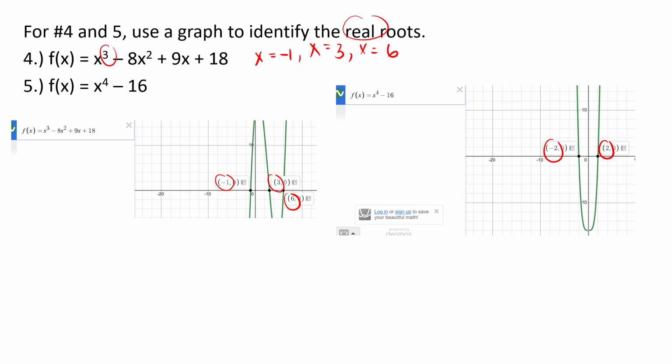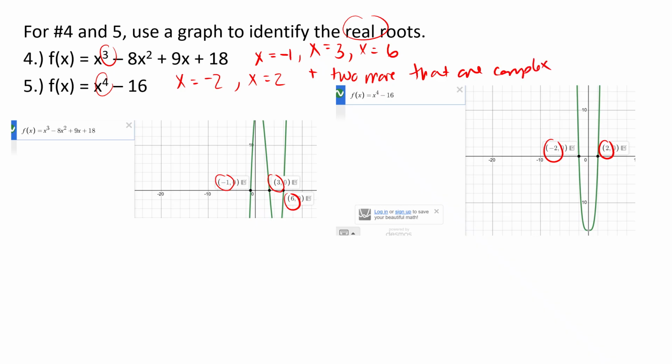So I can see that there are 2 roots, x equals -2 and x equals 2, but there are also 2 more, because there are 4 total, and we have 2 of them. So I'm going to write here plus 2 more that are complex. Okay, and we know they have to be there.